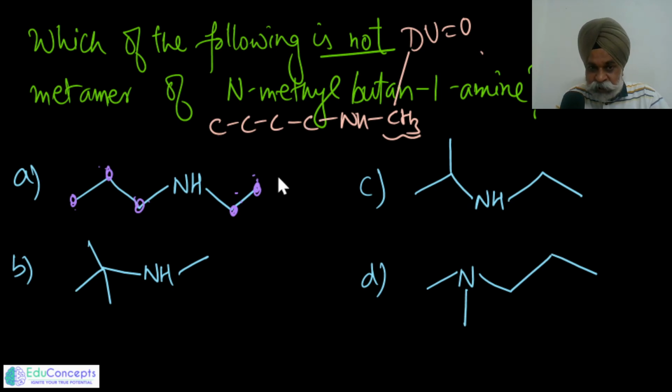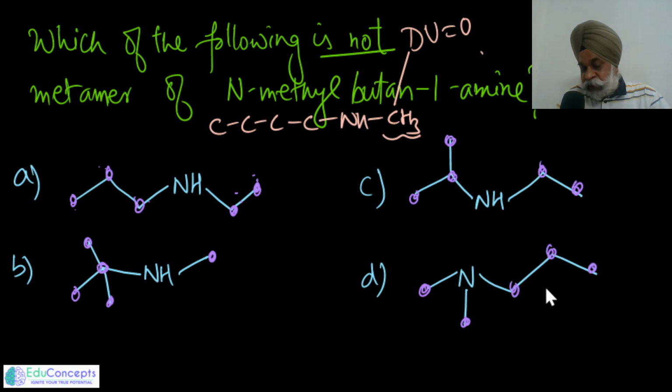This could be said to be a metamer, because you just have shifted 1 methyl onto this side. Similarly, if I see 1, 2, 3, 4 and this one is the 5th carbon atom, the secondary amine is still intact and DU is 0, so it is also a metamer. So 1, 2, 3, 4, 5, it is still a metamer.